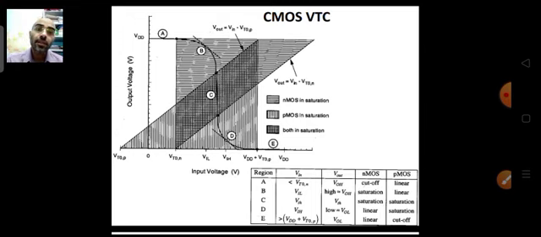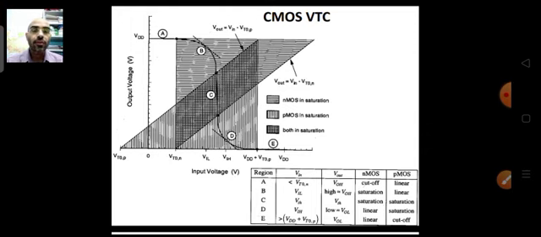If you want to determine these, it is necessary to understand the CMOS VTC very clearly, and not only the CMOS VTC but its various regions. If you consider this whole CMOS VTC, you can separate it into 5 regions, and in these 5 regions the operation of the NMOS and PMOS is different. So the NMOS and PMOS operate in different regions.